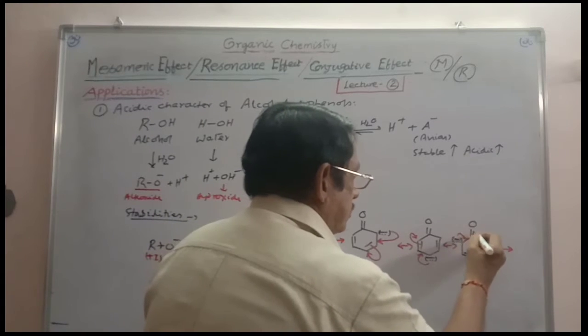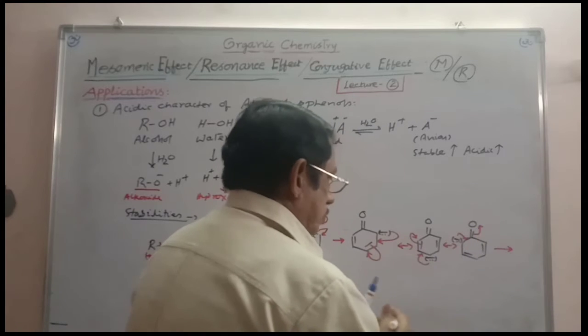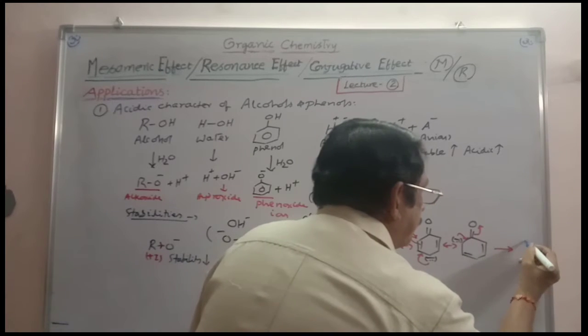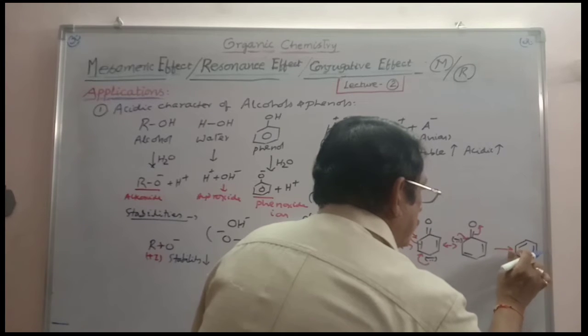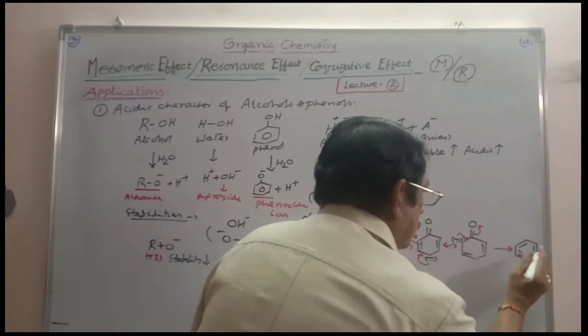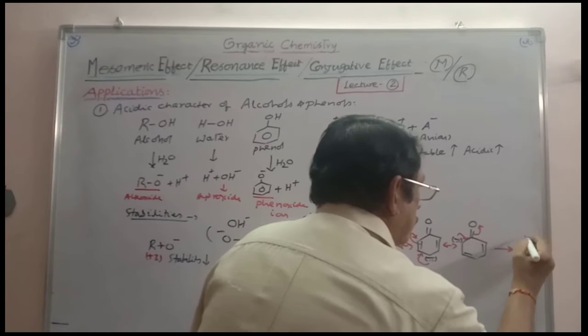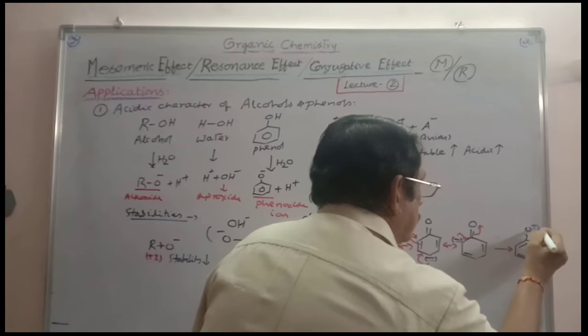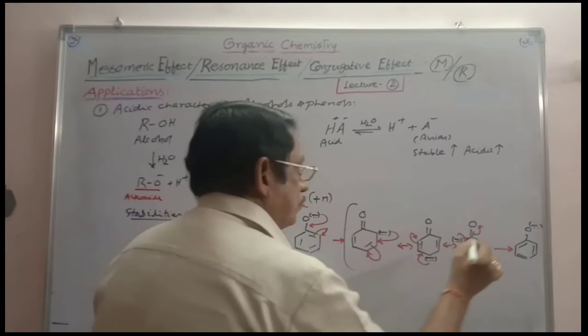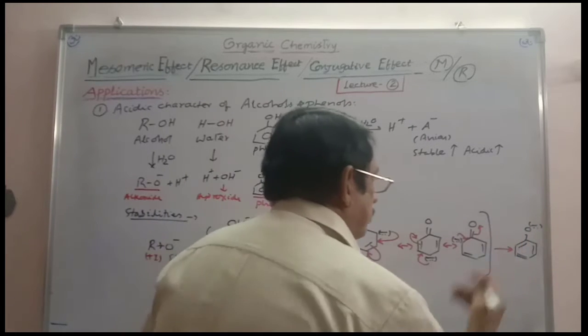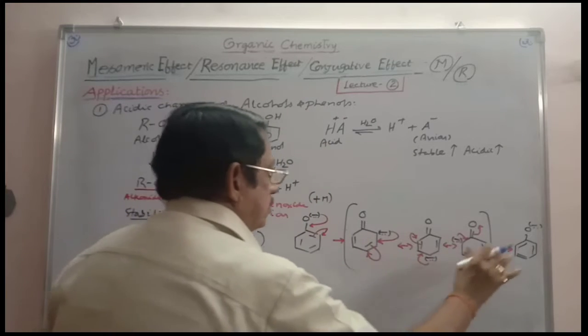Use the plus mesomeric effect here once again. So you will get the same phenoxide, but you are getting resonance forms here.